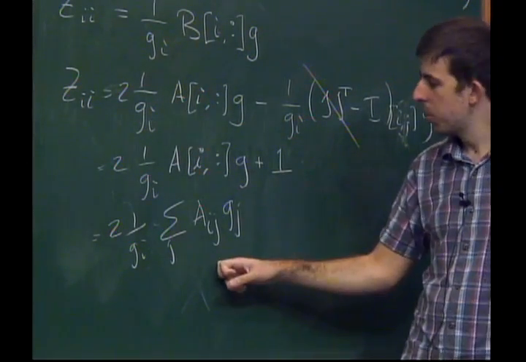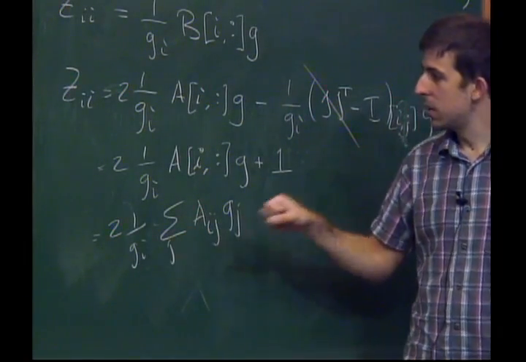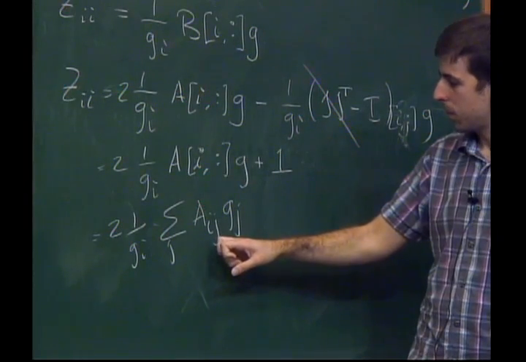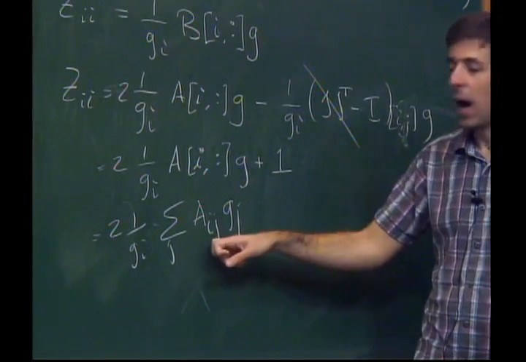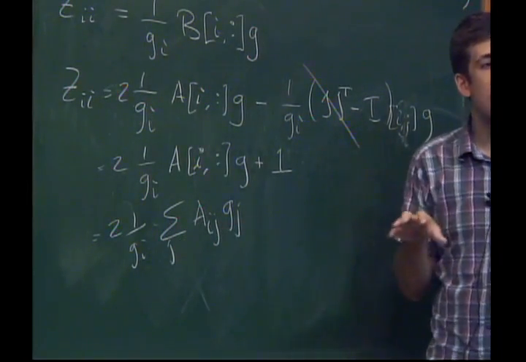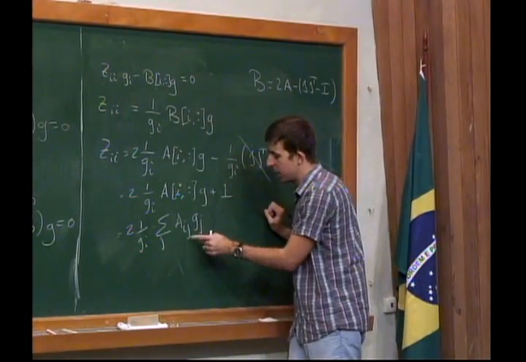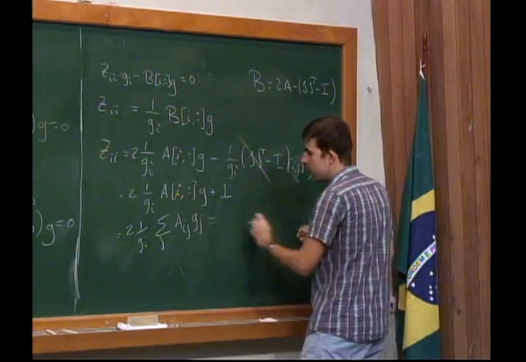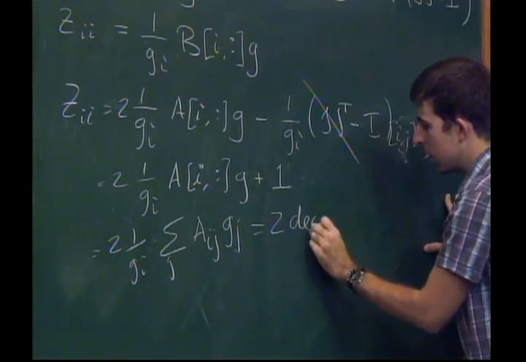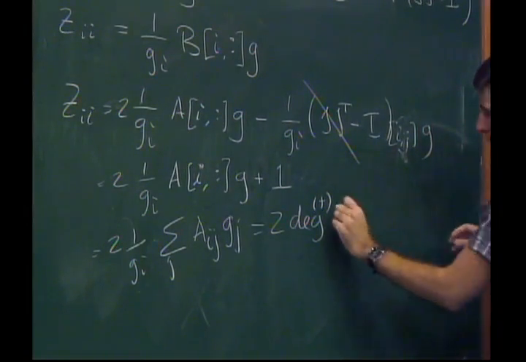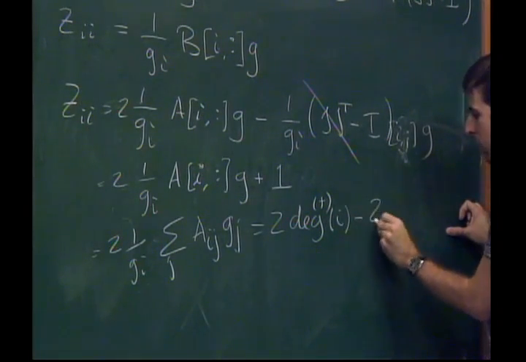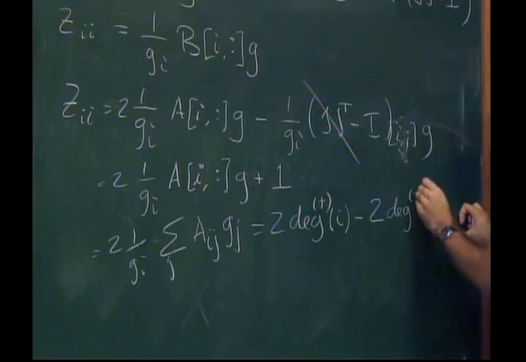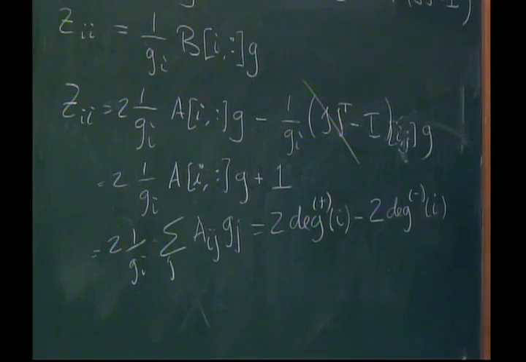And so essentially I pick up twice the degree of i within the cluster minus twice the degree of i across the clusters, because every time the vertex j is in a different cluster from i, g_j will have a different sign from g_i, and so I'll get a minus. So this is twice the degree plus, within the cluster of i, minus twice the degree across the clusters of i. Well, there's a plus 1, so plus 1. Okay?